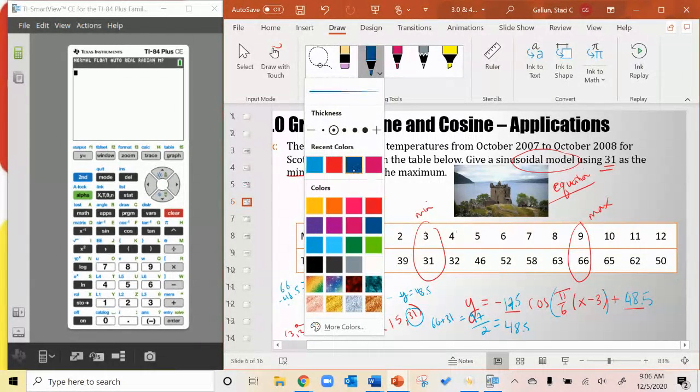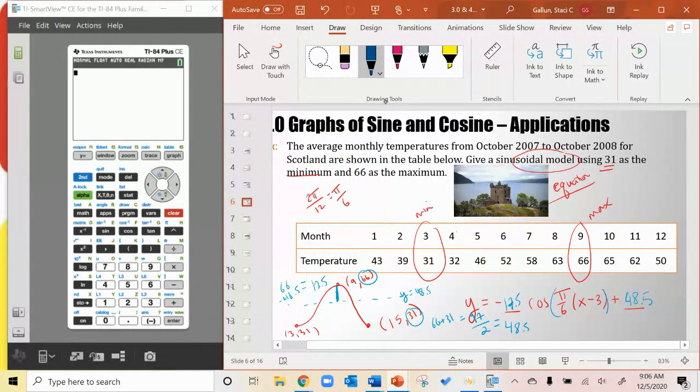Right, so that's me using this minimum as my starting point, as my phase shift. Maybe I used 6. Oh, it's a quarter different as my starting point. So I'd be starting right here, right? This point right here would be 6, actually 48.5.